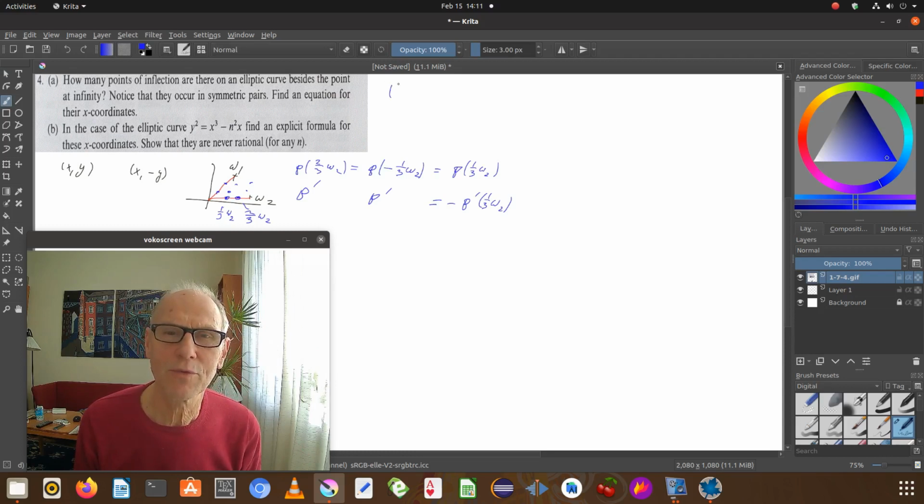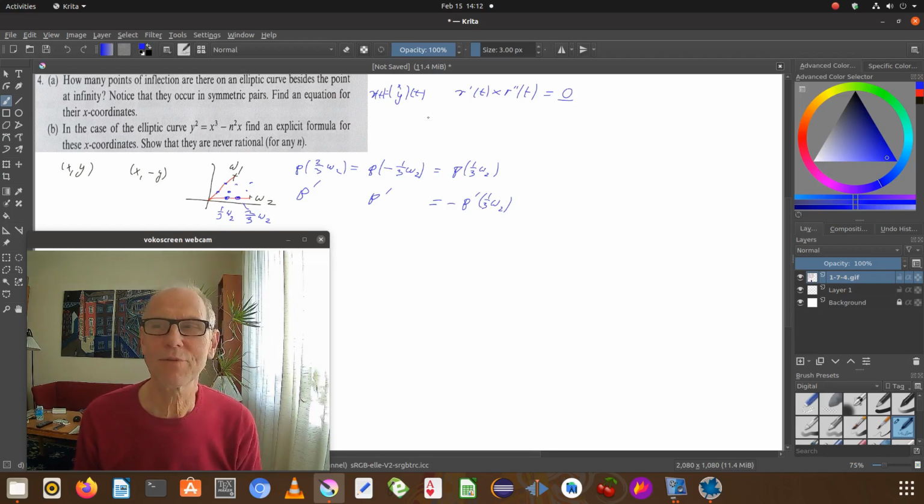If you have a curve x, y as a function of t, then the cross product of the derivative and its second derivative must vanish. Then we have an inflection point. And since we have an algebraic curve and not a parametric one, I couldn't use any of the stuff I've learned.